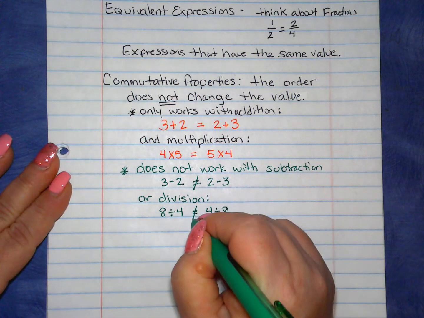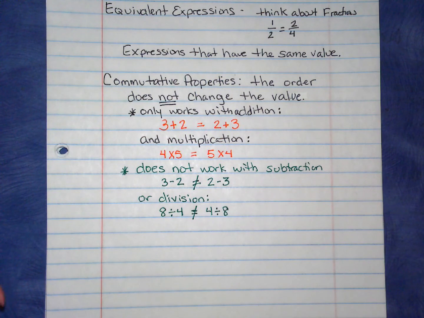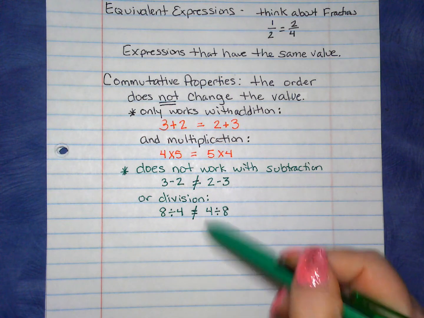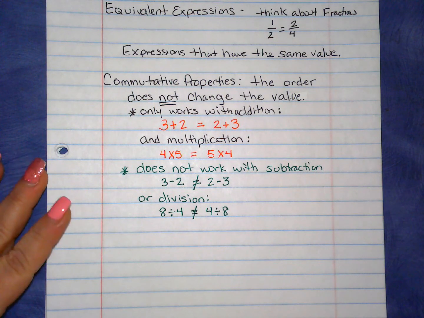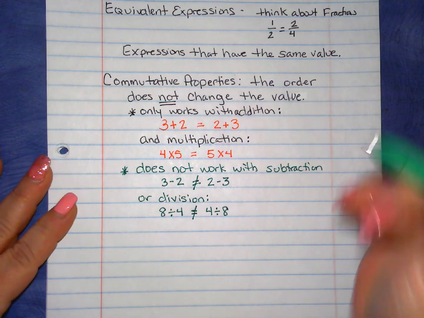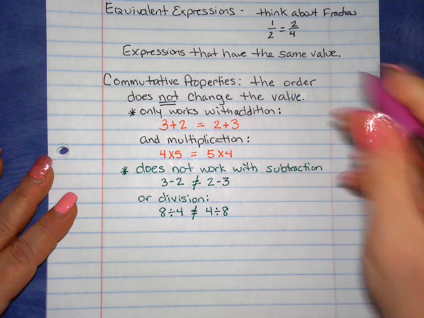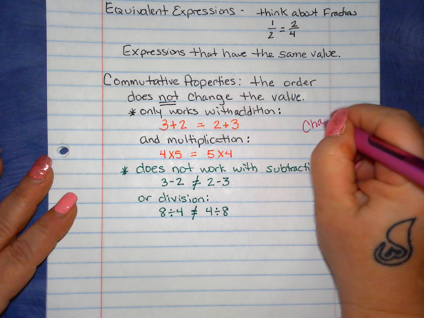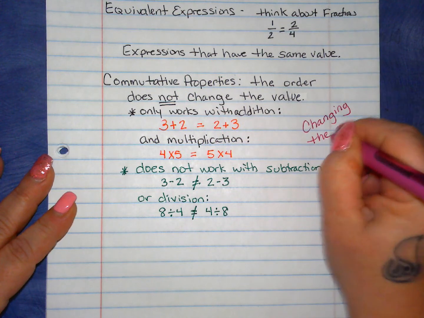So it's not equal. Okay? It's simply shown by a line through the equal sign, okay? So that's commutative. We just changed the order. Think of it as changing the order.